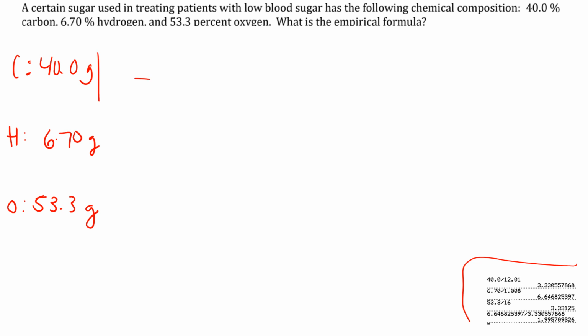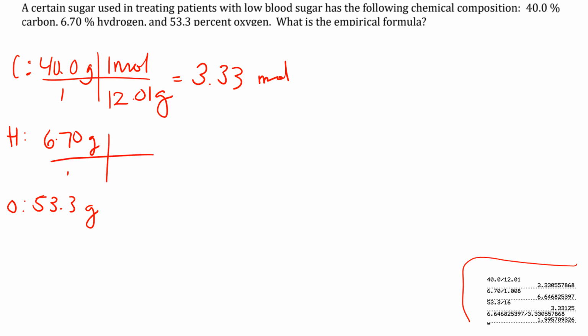So 1 mole of carbon is 12.01 grams. You see that gives us about 3.33 moles.